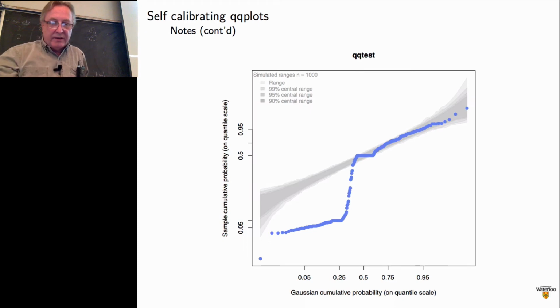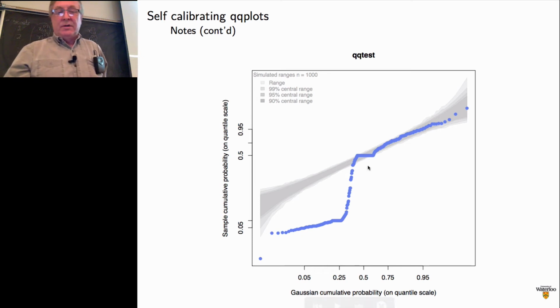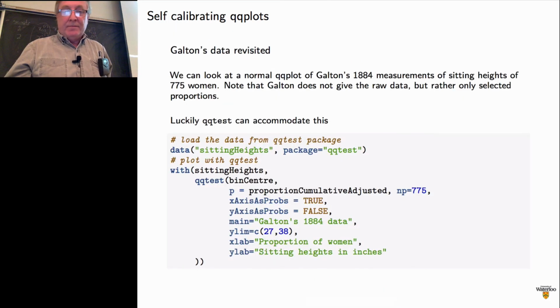So here now this is the cumulative proportion, so you can see where the median is in the normal distribution and in the hypothetical distribution, which is Gaussian here, and the median in the data. So you can change these things so you can actually see the percentiles, the proportions that you're matching on. Okay.